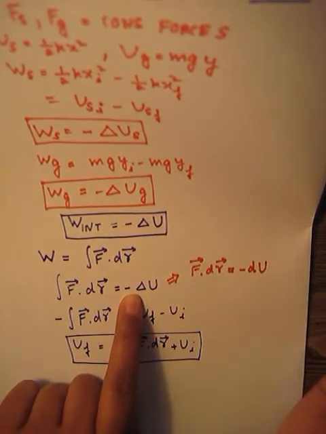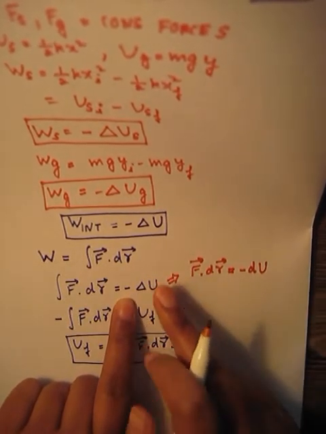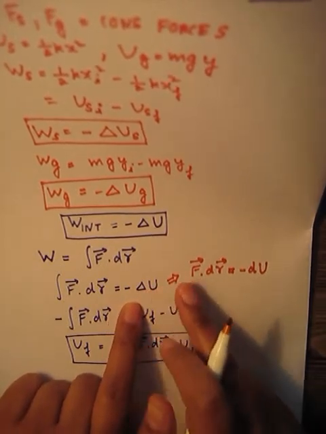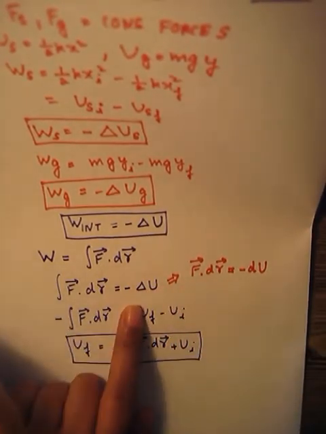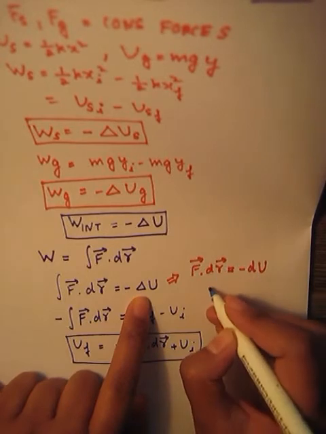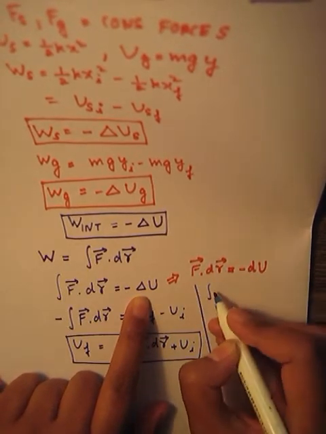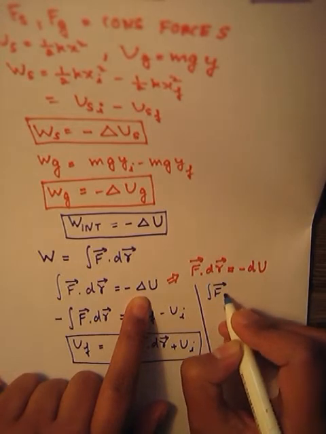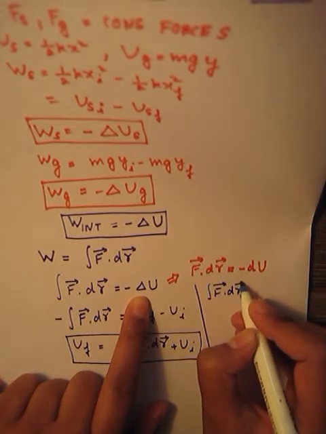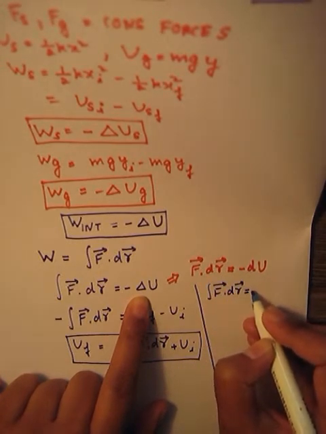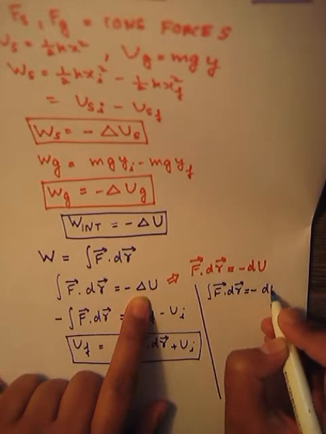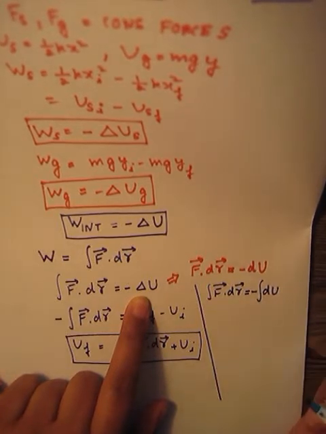But let us check if it is right or not. After writing this, let us take an integral of it: F vector dot dr vector is equal to minus dU with an integral.